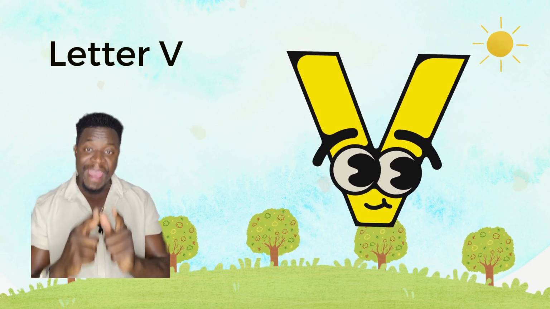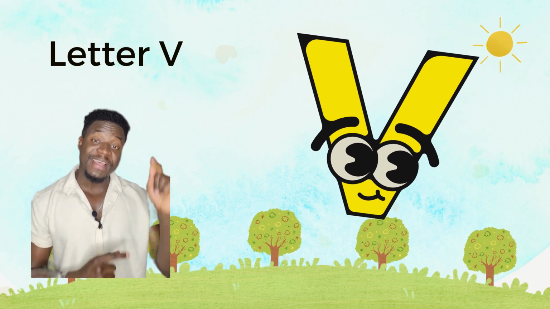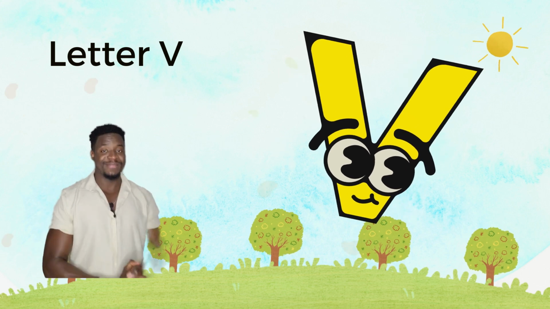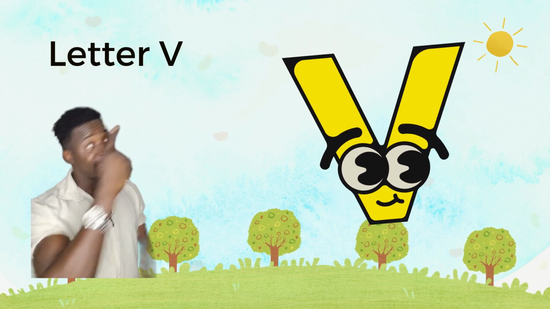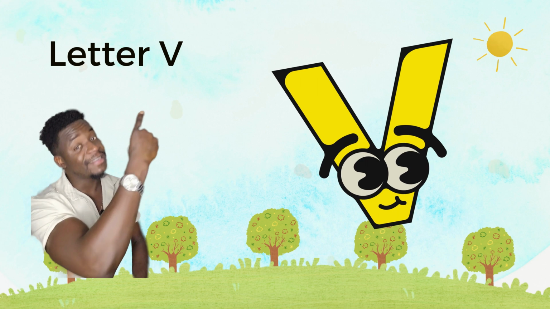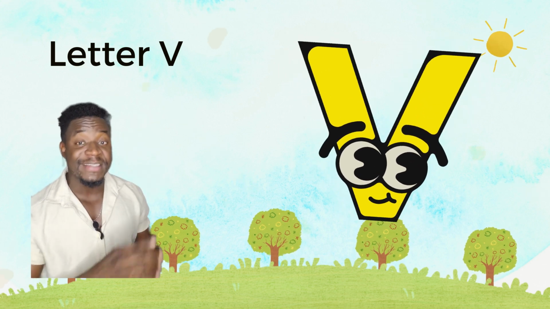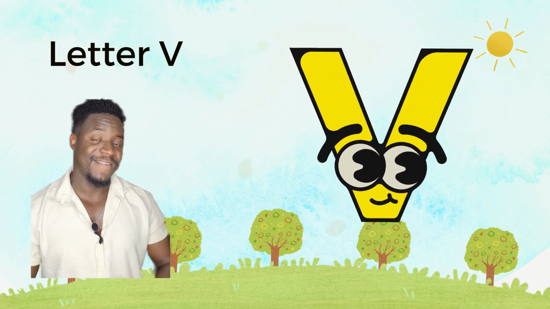V is the letter that comes after U. Great. This here is V. This one right here is the letter V.